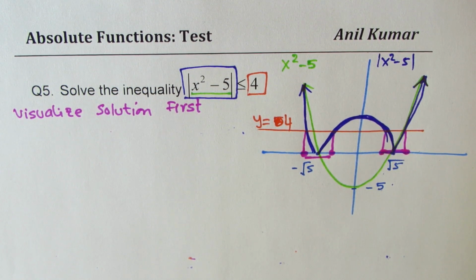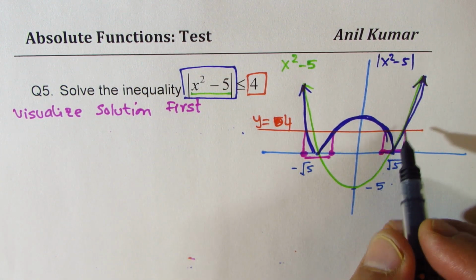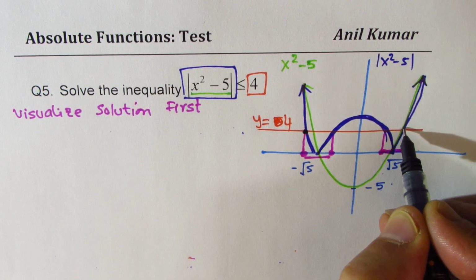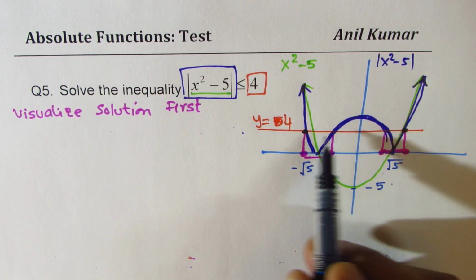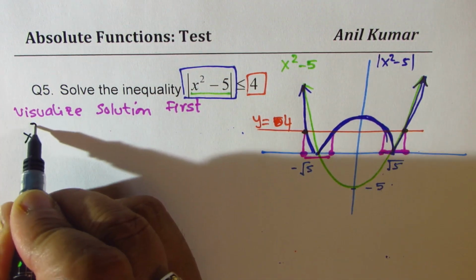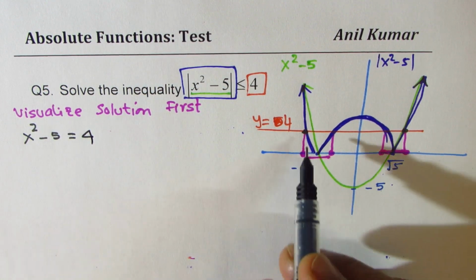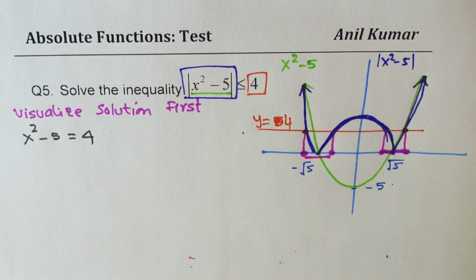So that's the part of solution. Once you visualize, it becomes very simple. So what I could do here is basically find these points of intersection with 4 and the outside function, that is x squared minus 5 equals 4. So I get those points, correct?